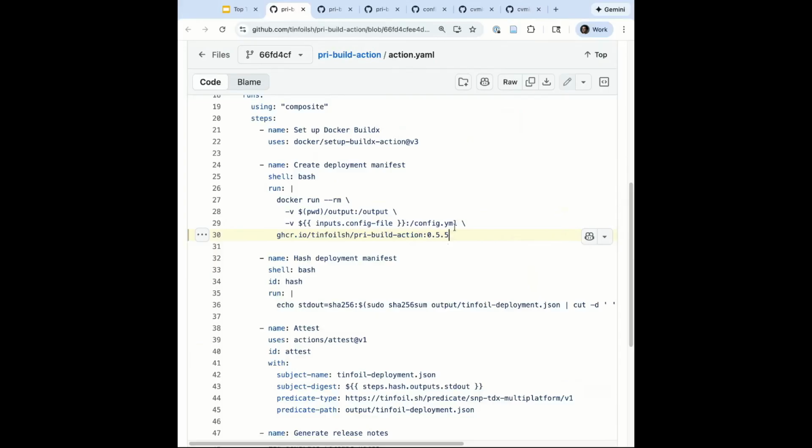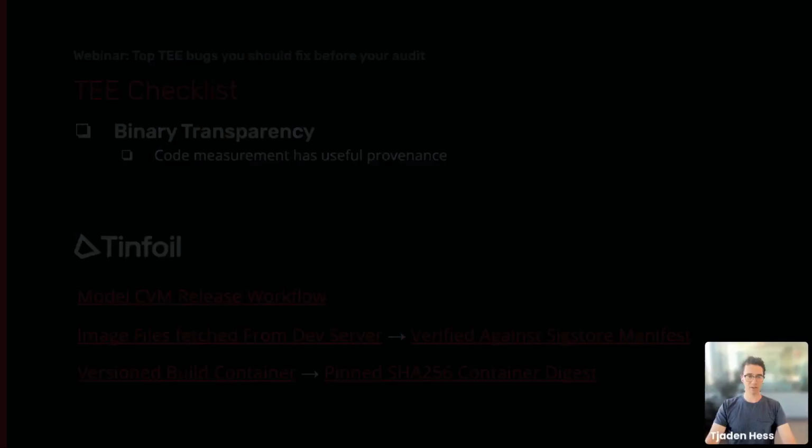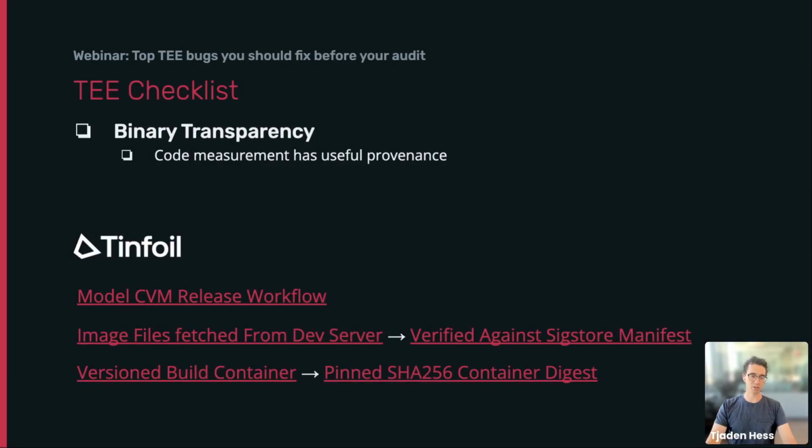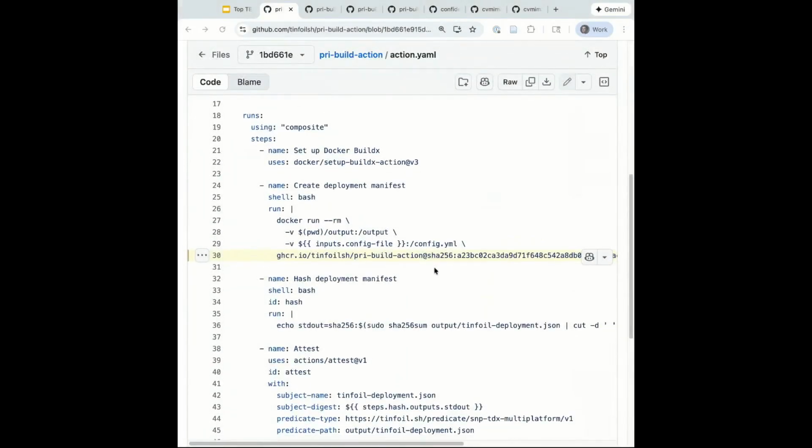So it's possible that someone could replace the Docker container that does the trusted attestation publishing with something that does a malicious publish of a malicious digest. So this also needed to be pinned to a specific hash of that Docker image, which in turn needs to be sourced from a transparently verifiable build system.